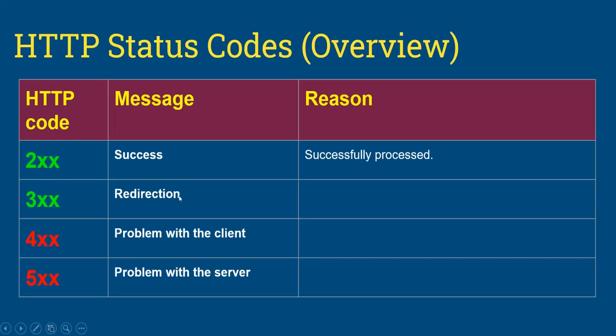Starting with 300s, it is a redirection. If you get anything starting with 400, it is nothing but a problem with the client while sending the data. 500 related errors mean a problem with the server while responding back to the client. So these things you need to remember.